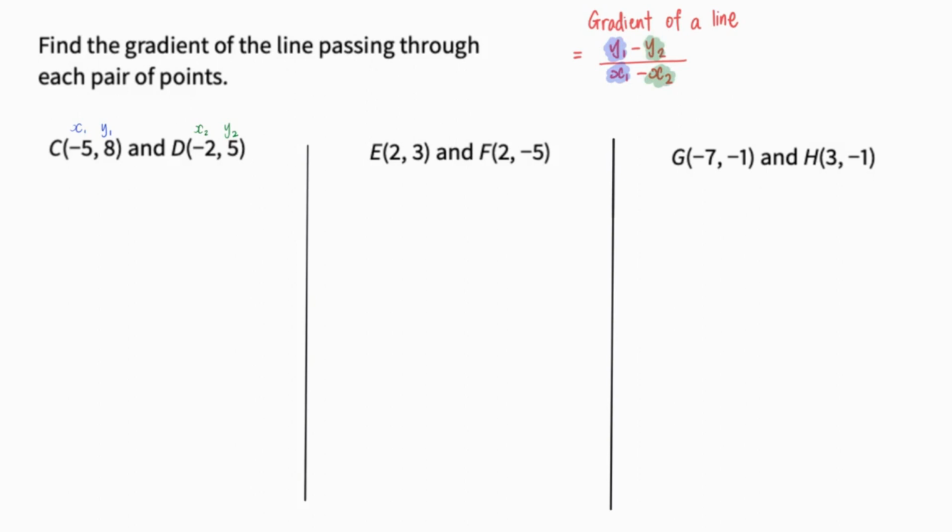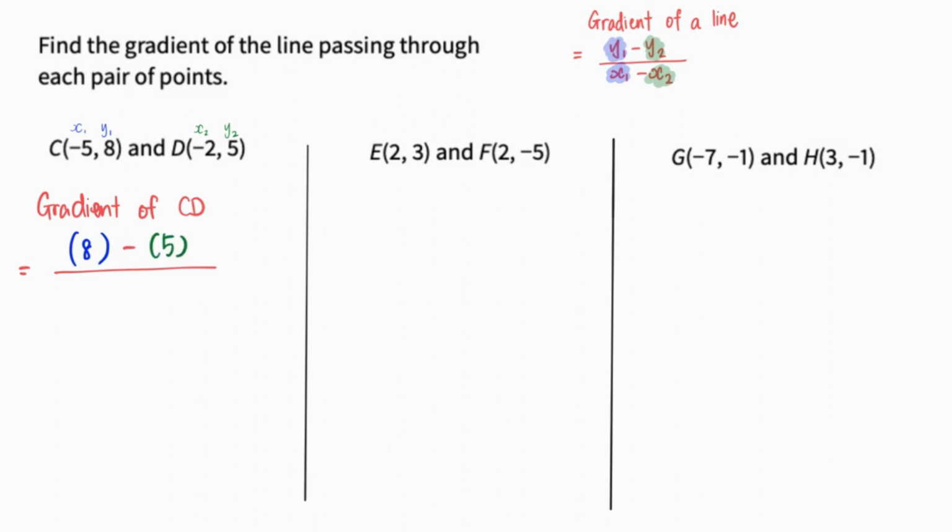In this case here, my gradient of the line CD is therefore equals to y1, which will be 8 in this case. I usually like to put a bracket when I substitute values in. Y2 will be 5.